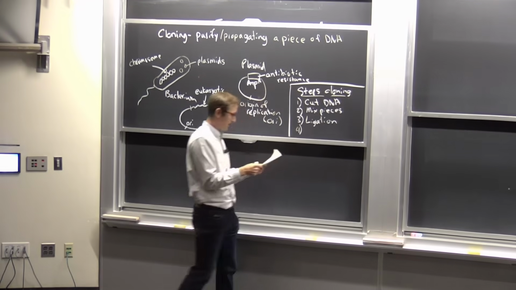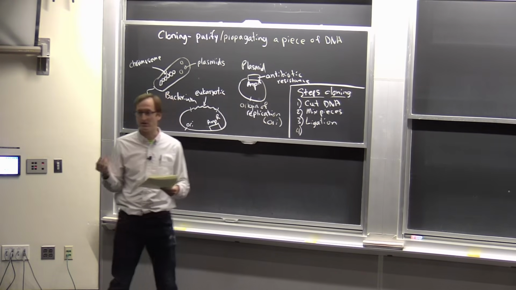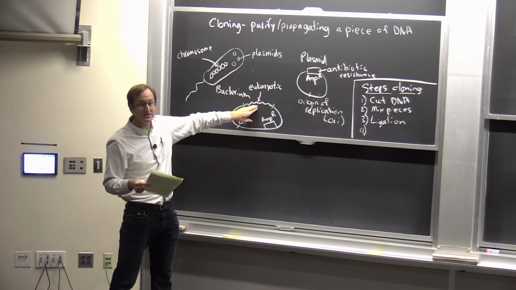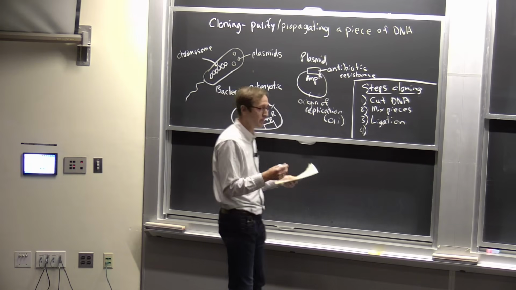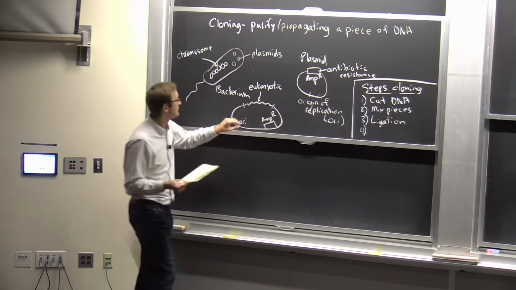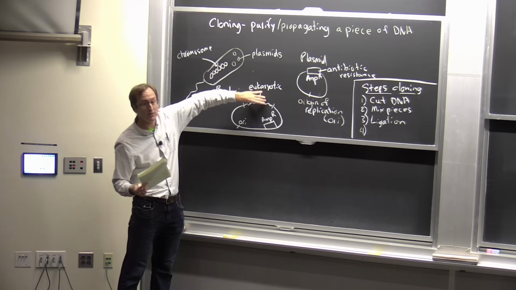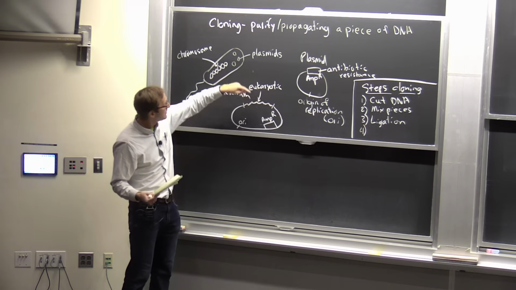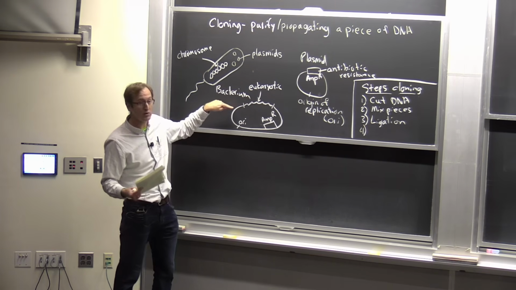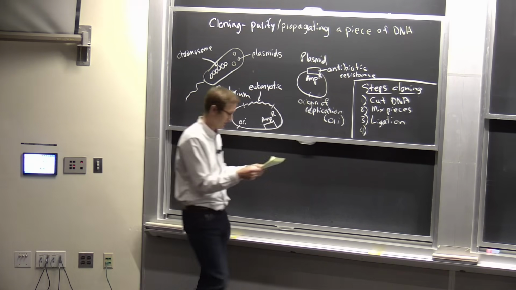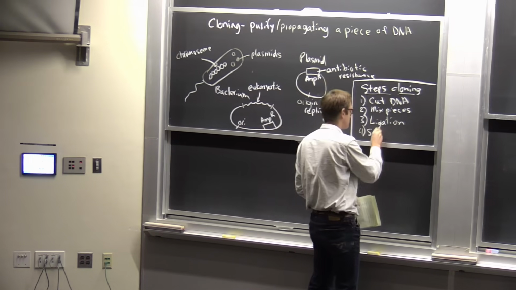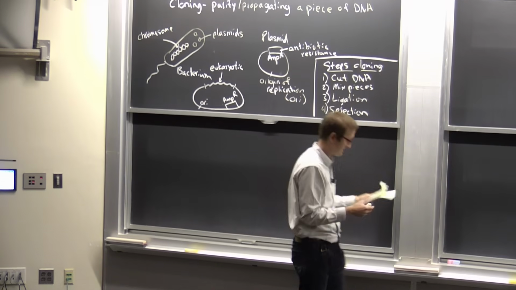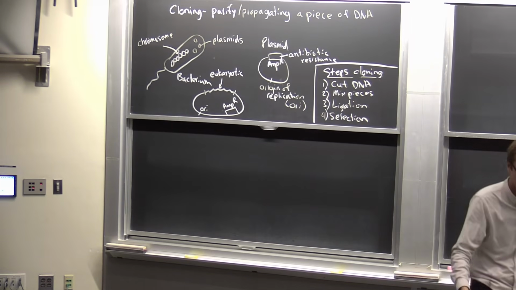And then finally, we'll end with selecting the plasmids that have the piece of foreign DNA that we want. And this is known as recombinant DNA, because you've recombined a piece of DNA from one organism, it could be a eukaryotic organism like humans, with a piece of DNA that's from a prokaryotic cell, a bacterium, okay? So we then have some sort of selection process.